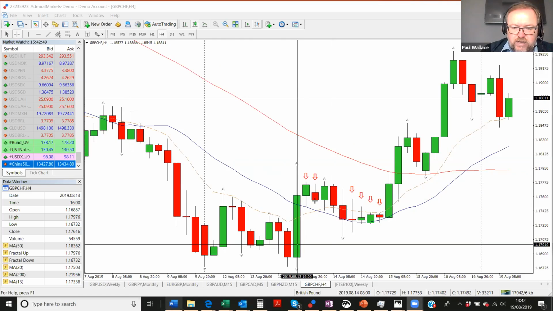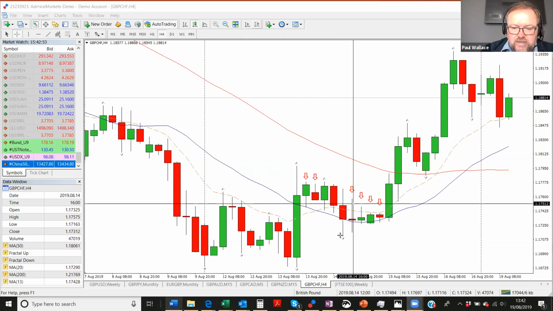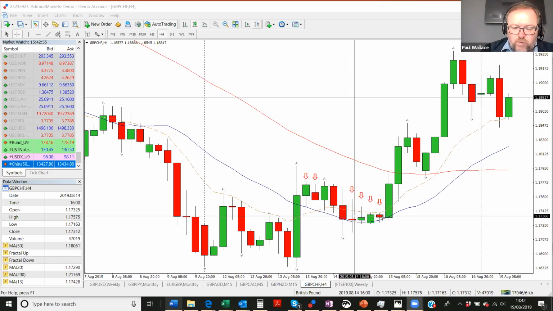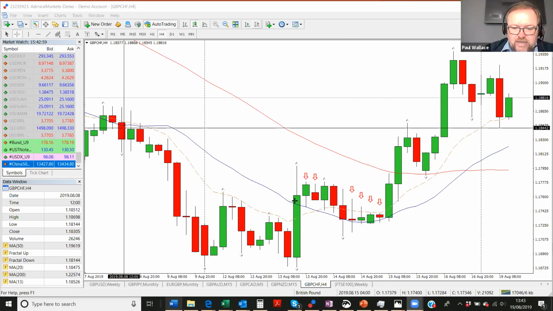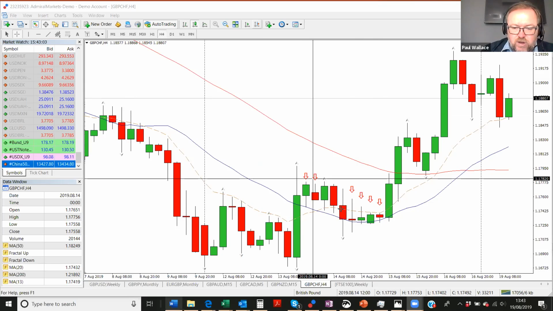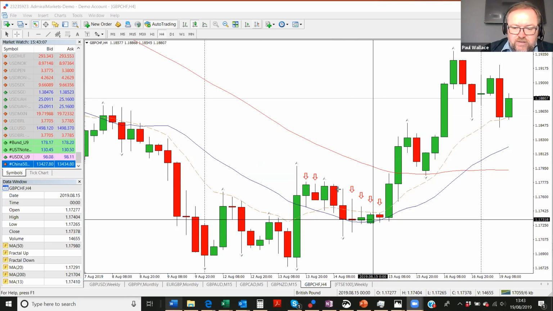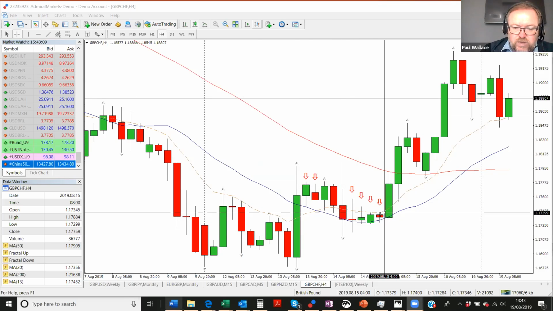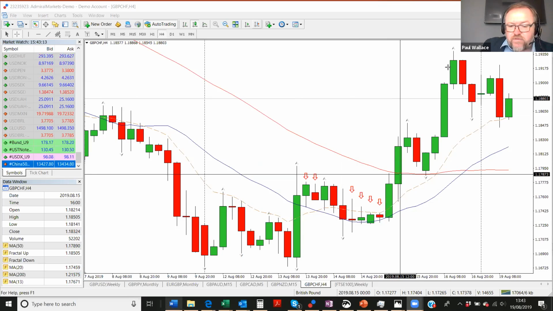We've had a bit of a surge, and the inside bars are just forming. The 20 period moving average has gone from acting as dynamic resistance to dynamic support. We've had a surge, now it's had the rest, and then what do you know, we get our next surge, and you can see the price surges up from there.